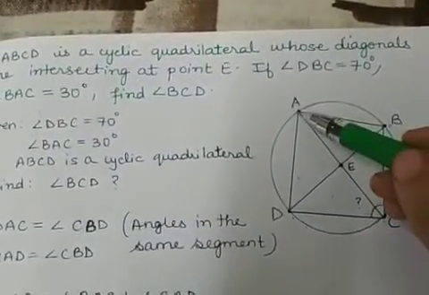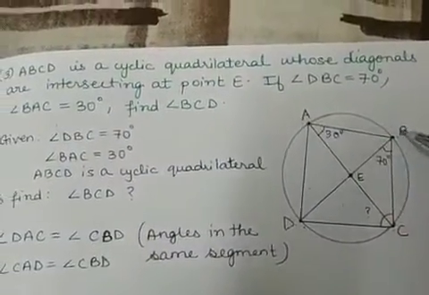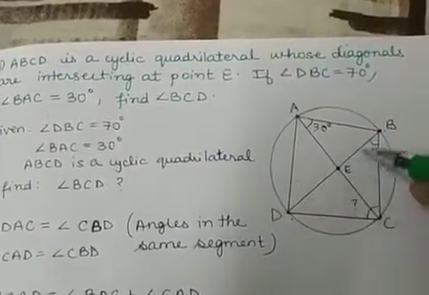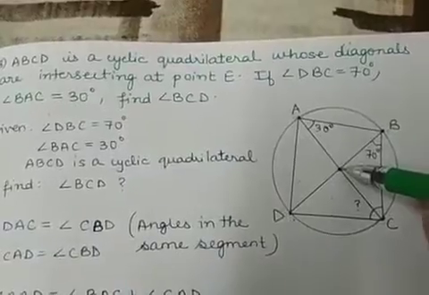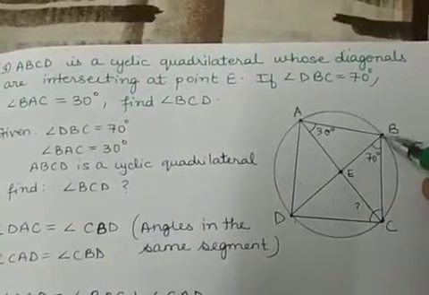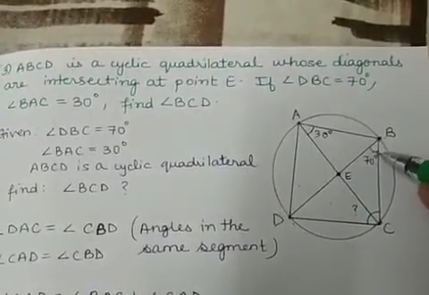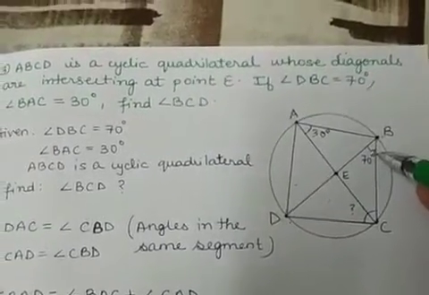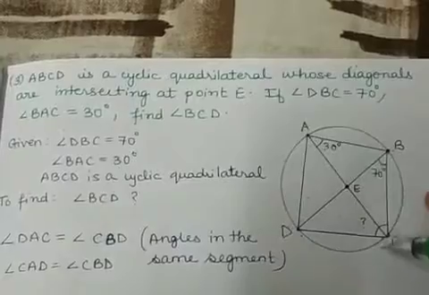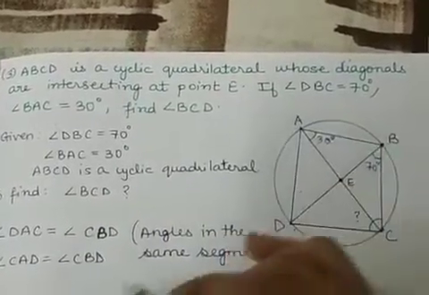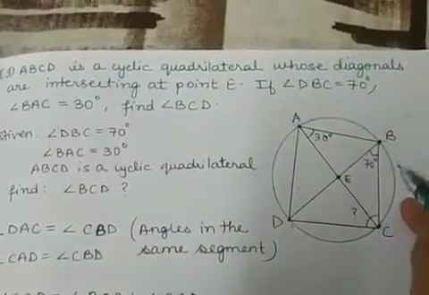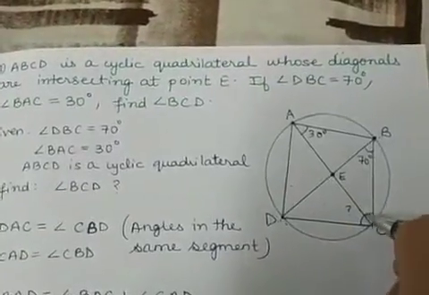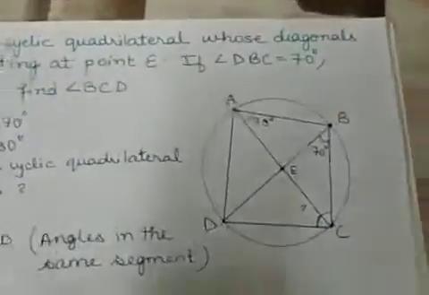So this angle DBC is equal to 70 degrees and BAC is equal to 30 degrees. Now you have to find BCD.